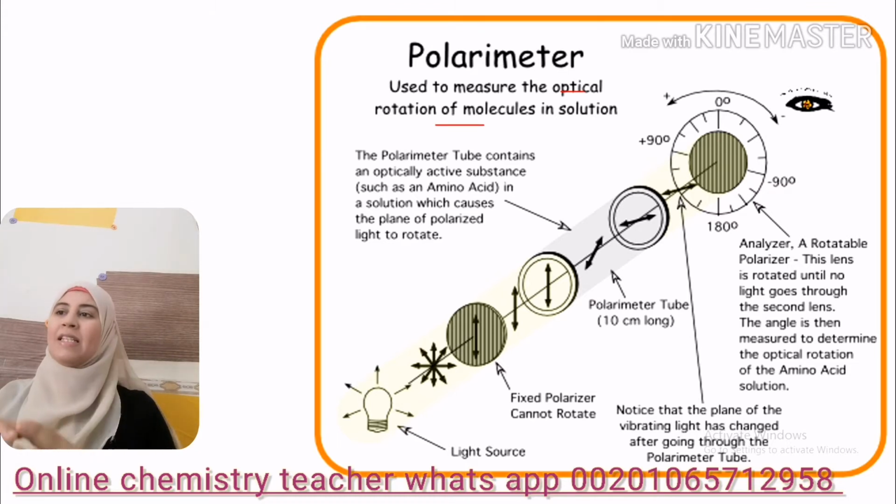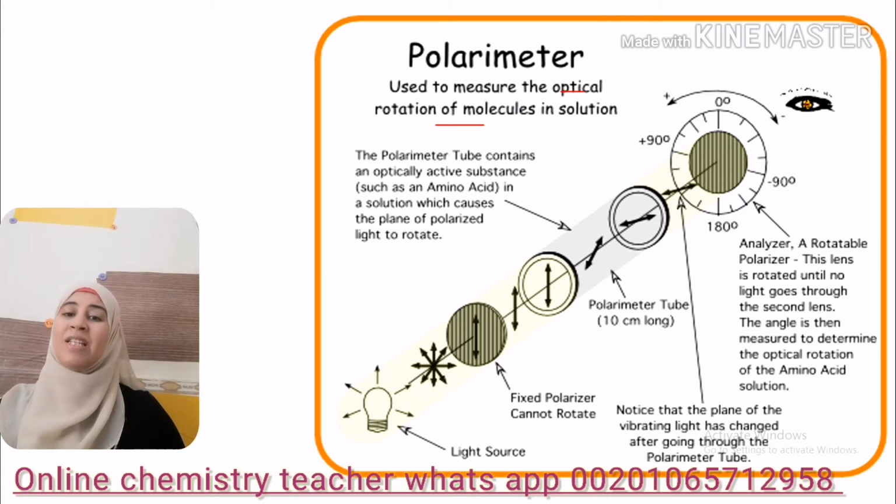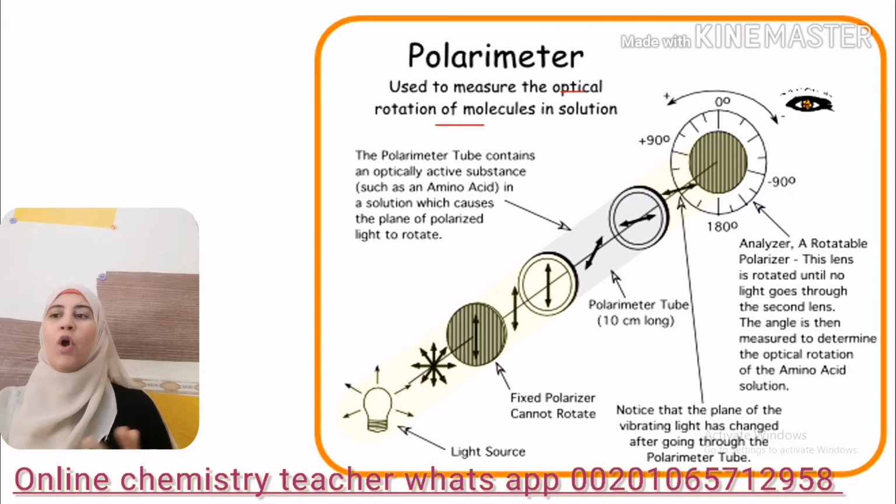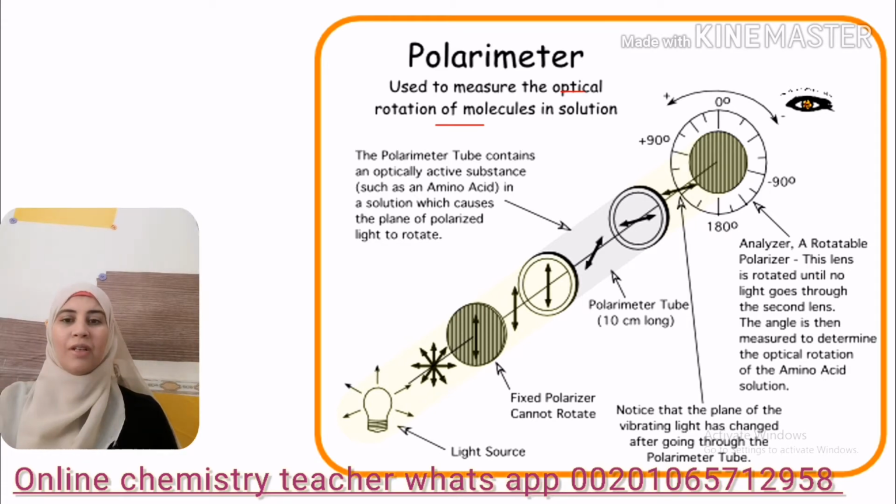Inside the lab, this is the structure of a polarimeter. In our polarimeter, we have a source of light, but our source of light will produce light with different wavelengths. So at first we will add a filter. Why will we add a filter?